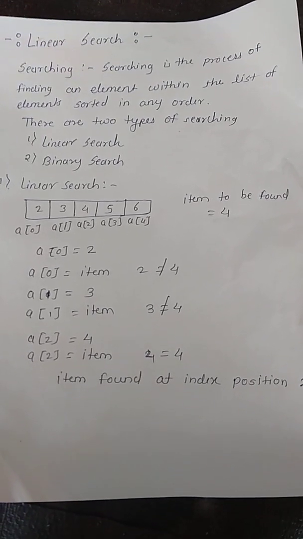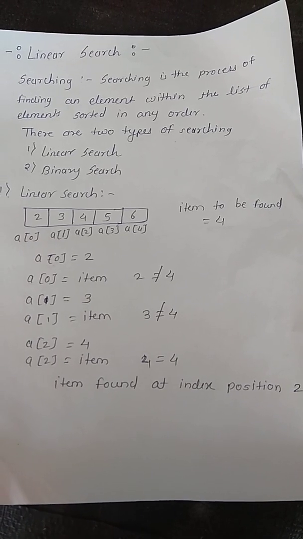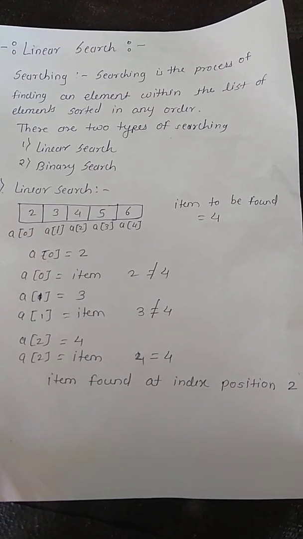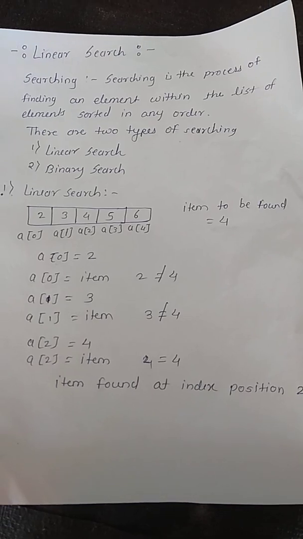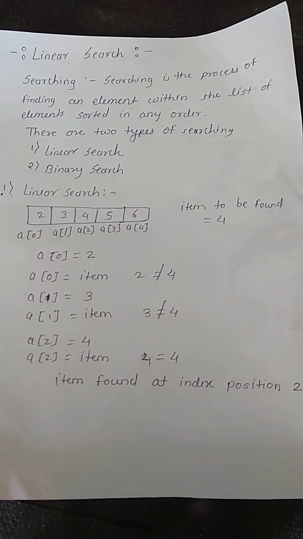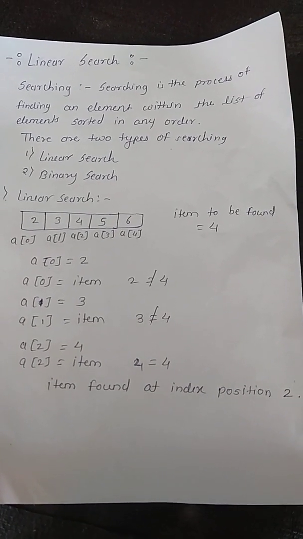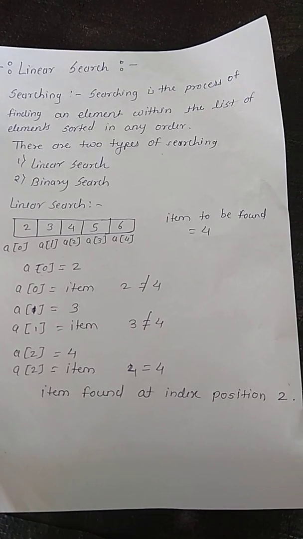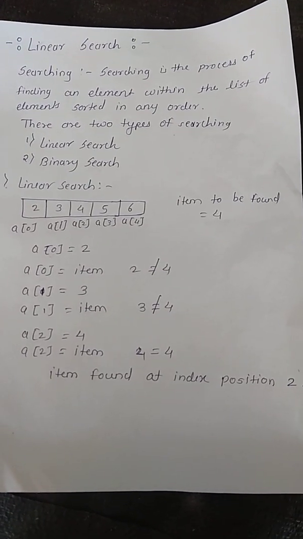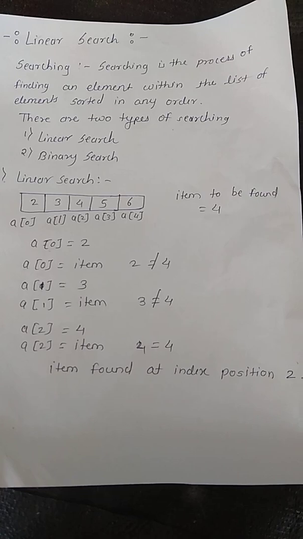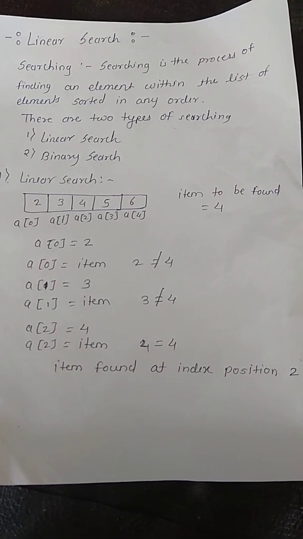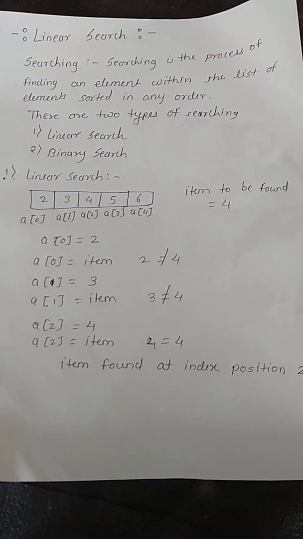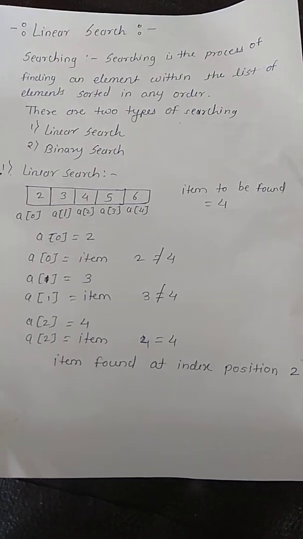In both cases, we can find an element by using linear search. But there is one constraint in linear search: we cannot find an element efficiently when the number of elements is large. That constraint is very important. Linear search can be used for a minimum-size array.